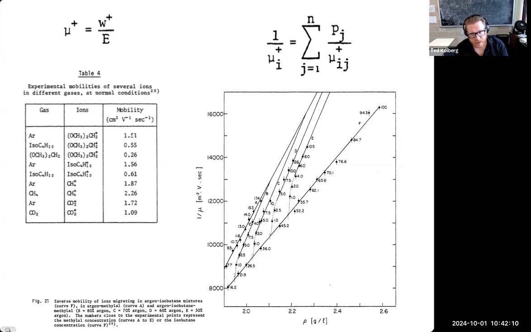So starting from the case of the positive ions. Positive ions of the gas are heavy. They have a nucleus, which is much heavier than the electrons, of course. And so they do not manage to accelerate much in between interactions with other gas molecules.